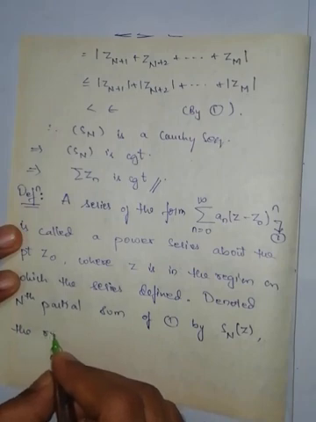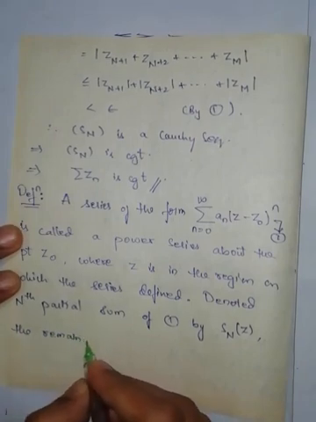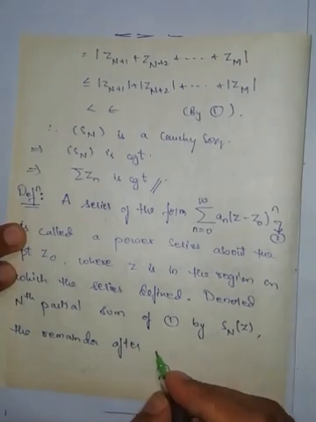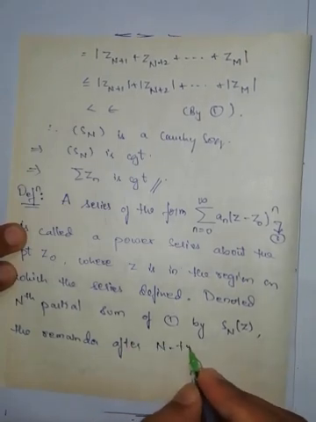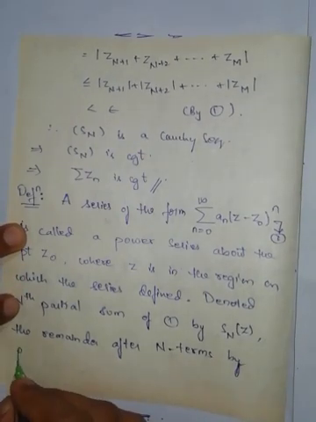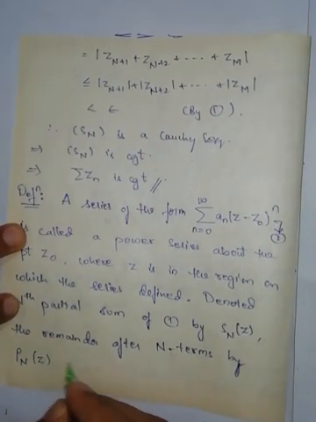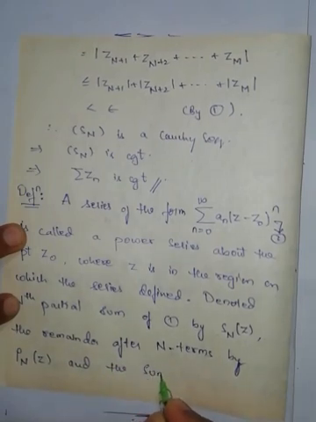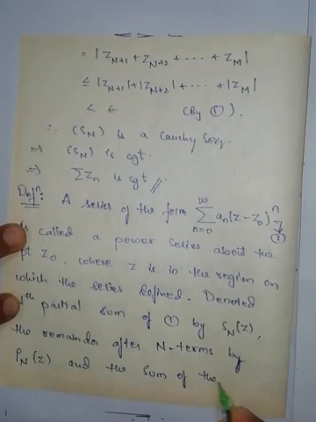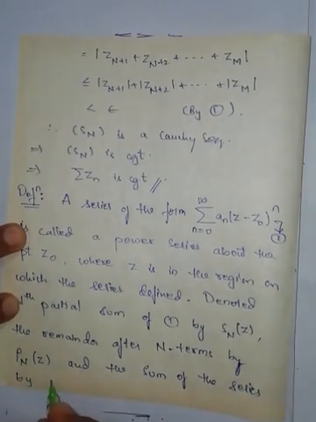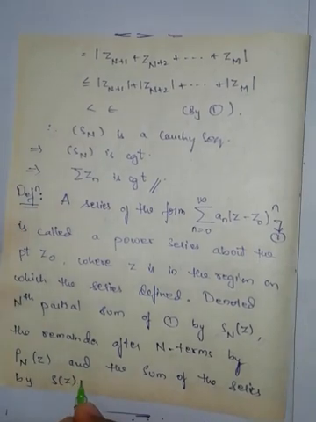The remainder of the n terms by rho_n of z, and the sum of the series by capital S of z.